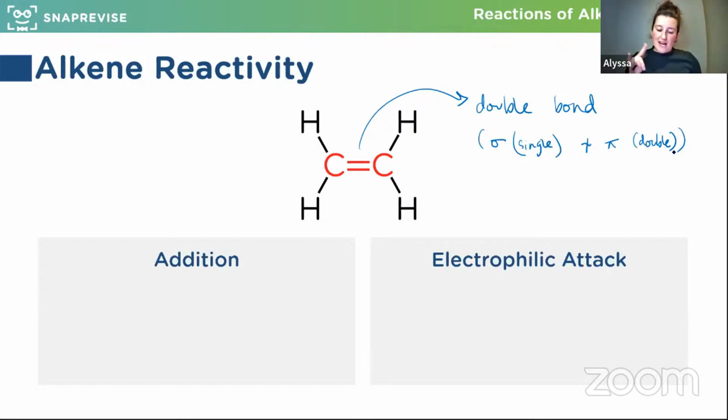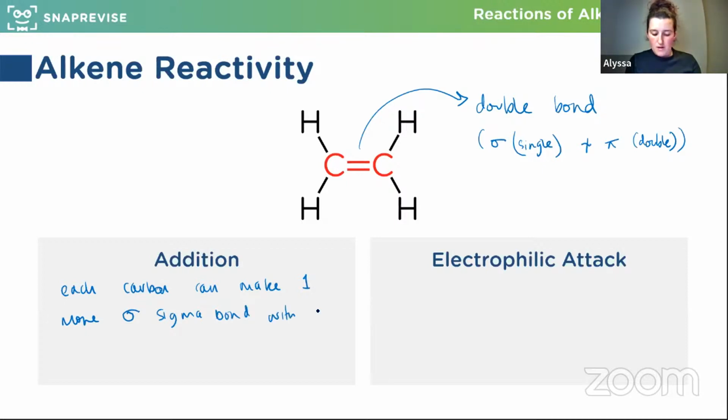So there are two types of reaction that can happen easily with alkenes. There's addition. Because our carbons are double bonded, they're what we call unsaturated. So our unsaturated carbons can form another bond with other molecules, and that means we get addition reactions. Each carbon can make one more sigma bond with another species of some kind by breaking the pi bond.